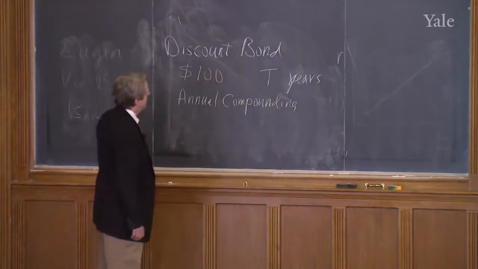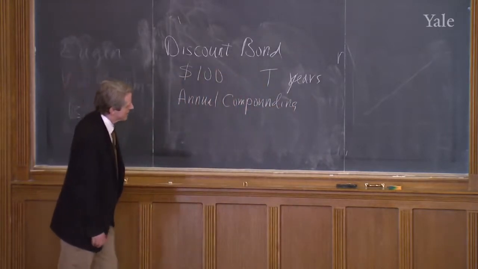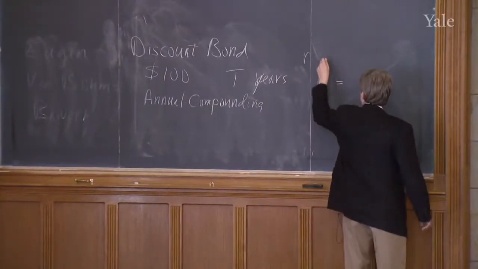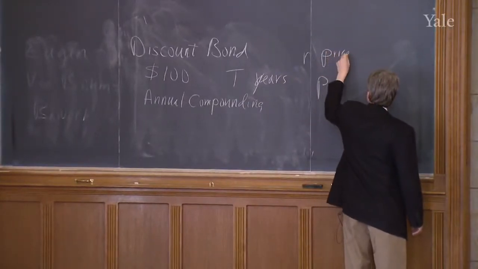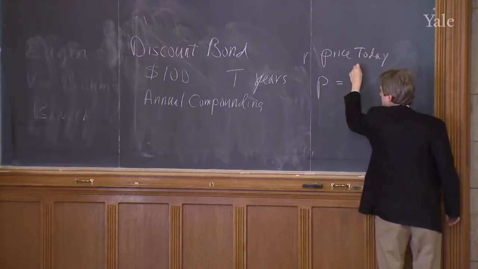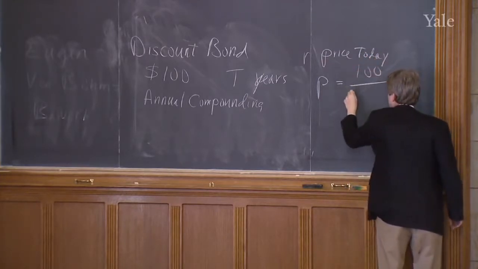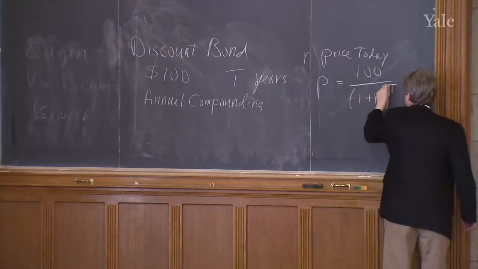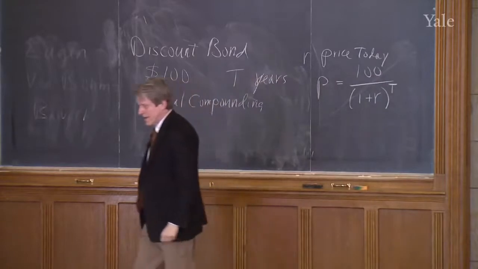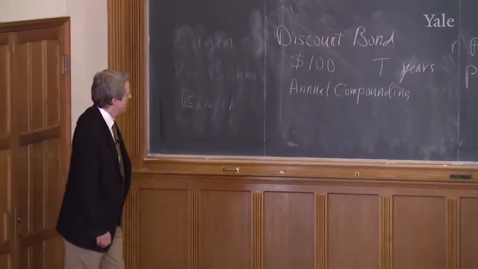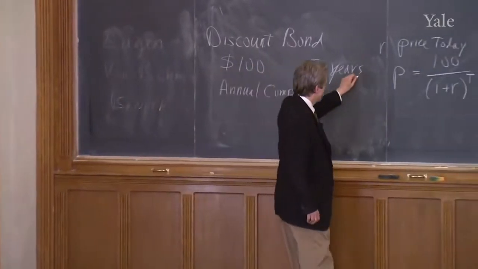Then the price of the discount bond today is equal to $100 all over 1 plus r to the tth power, where t is the number of years to maturity.